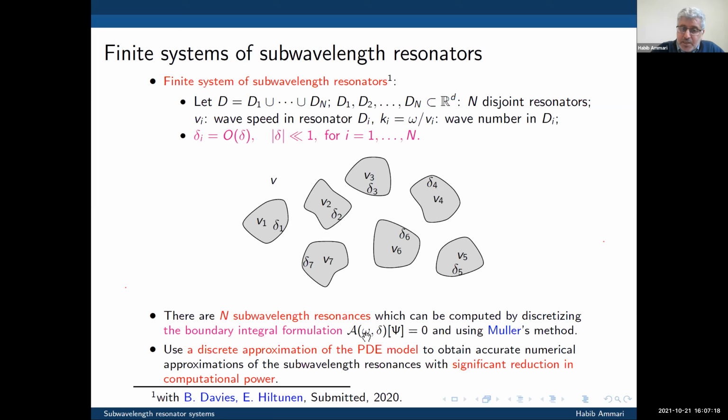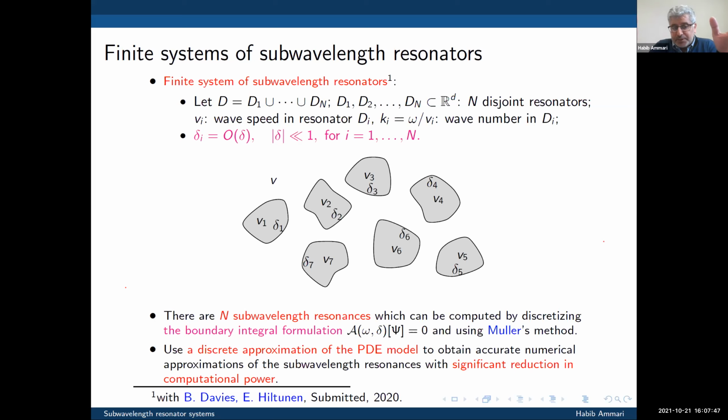For given delta, we compute the omega from omega 1 to omega n, the resonant frequencies, as characteristic values of this boundary integral operator. This is fine. But what I'm going to show you is a discrete approximation of our PDE model in order to obtain accurate numerical approximation of these subwavelength resonance frequencies with significant reduction in computational power.